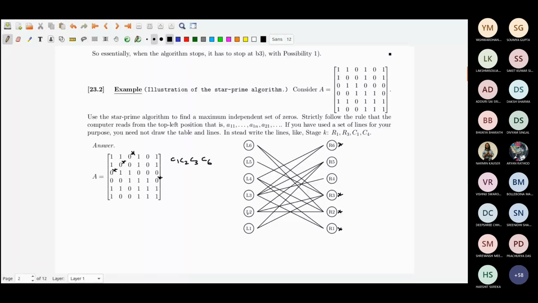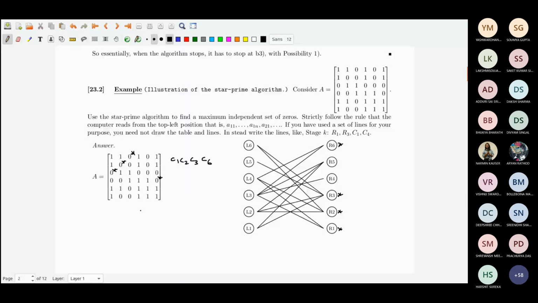Okay. And similarly, columns are standing for the vertices on the right and their neighbors. C1 is standing for R1, column 2 is standing for R2.